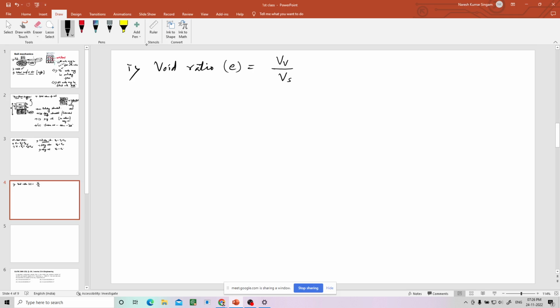This is not a derivation. Next, let us try to see the range. Can volume of voids be 0? Can anybody reply?